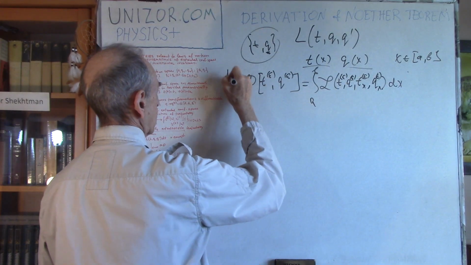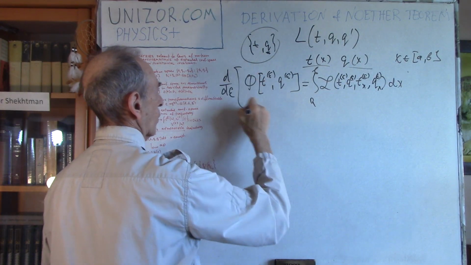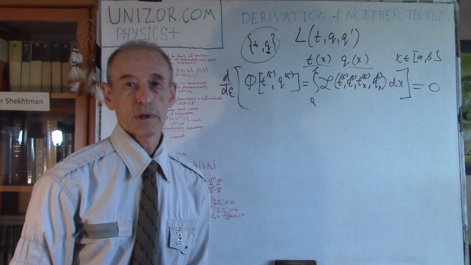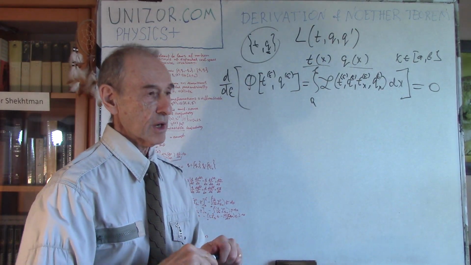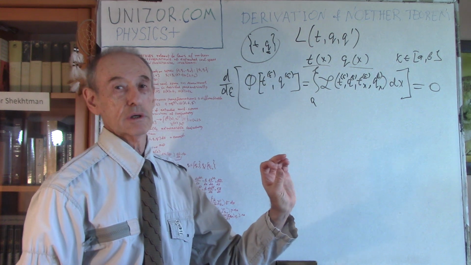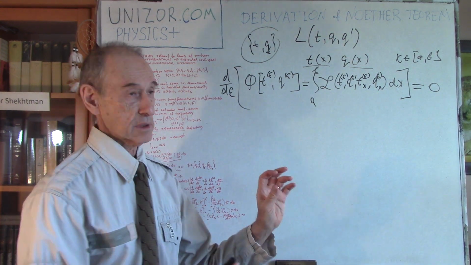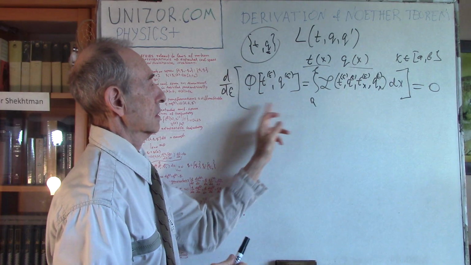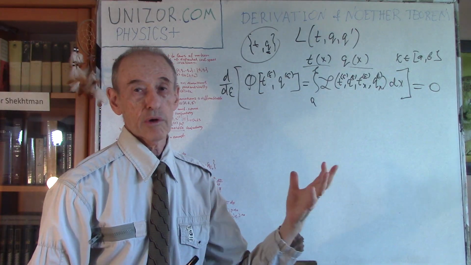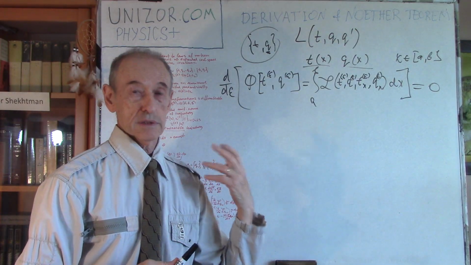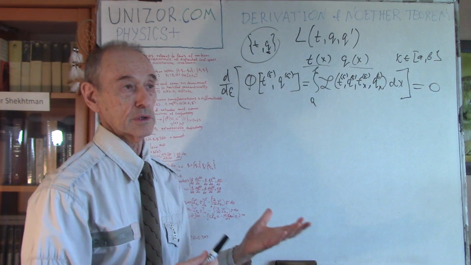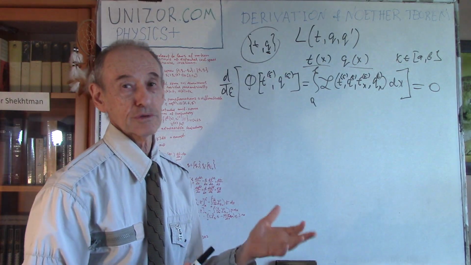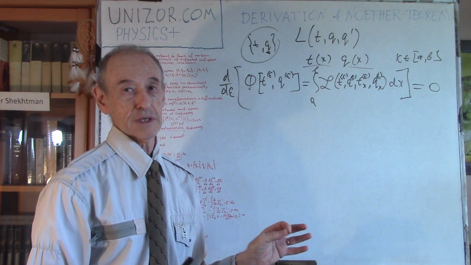Which means d by d epsilon of the whole thing must be equal to 0. That's what's important. So whenever I'm infinitesimally changing my coordinates by an epsilon transformation, we should not change our action functional, we should not change stationary points, the real trajectories which can be taken by the object. And this is the fundamental equation from which everything else just follows purely mathematically.